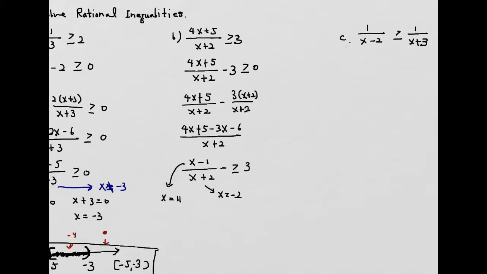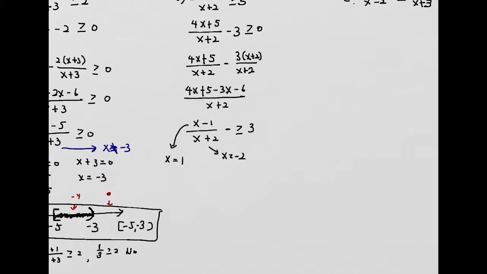So let's erase that. -1, and it means x is 1. It's good that before we marked our boundary points, we saw the mistake. So we have -2 and 1 as the boundary points.